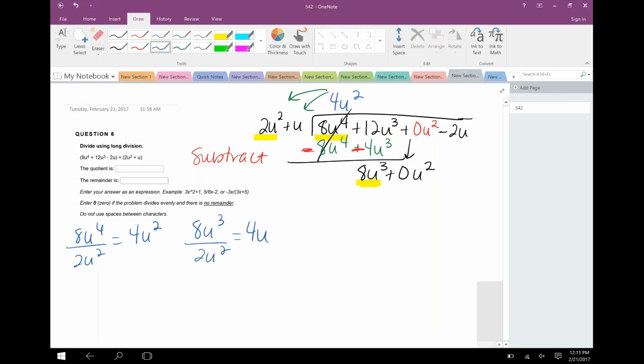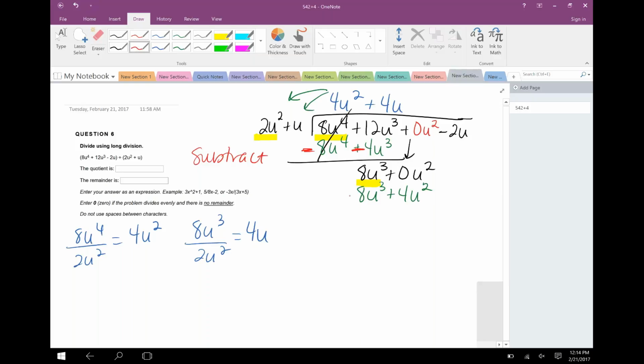That'll be 4u. So that's positive 4u, and I'm going to multiply. So 4u times 2u squared is 8u to the third. And then 4u times u is positive 4u squared. See how that 0u squared is helpful there.